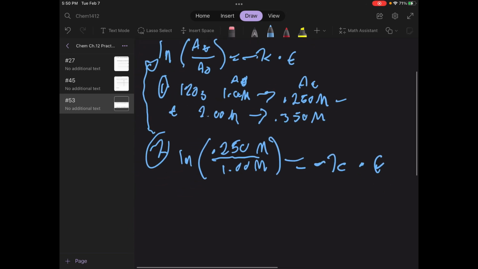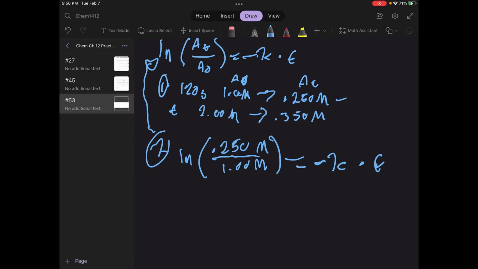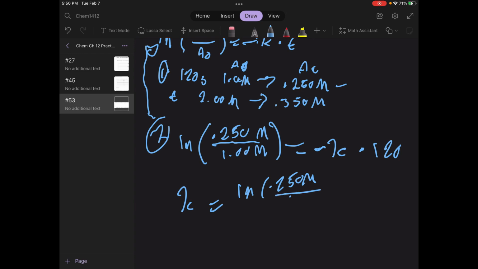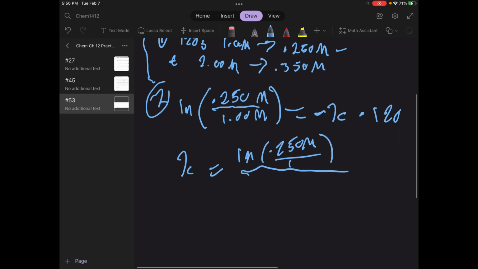Here we're looking for our k. Our time here is 120 seconds. Doing our algebraic manipulation, k is equal to the natural log of 0.250 over 1, which is just 0.250, over 120.